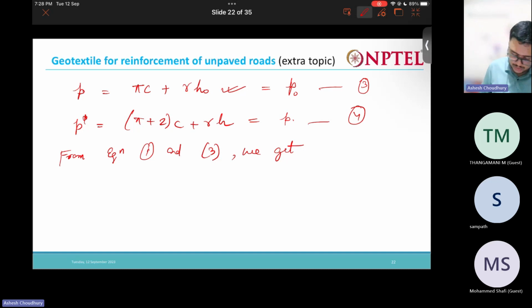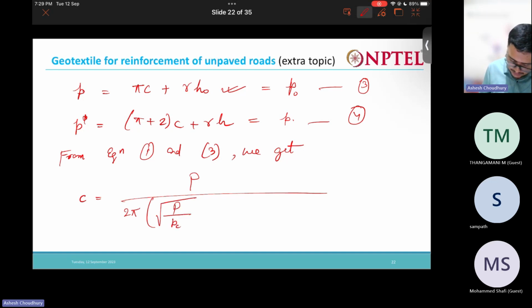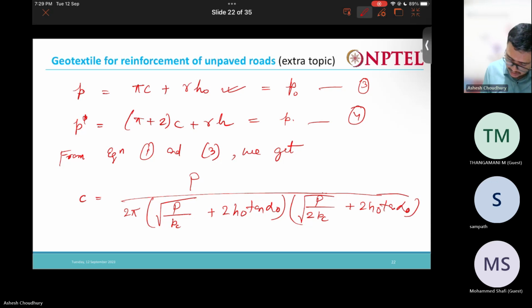we equate these two equations, we can get the cohesion C as P by 2 pi root over P by PC plus 2H naught tan alpha naught.